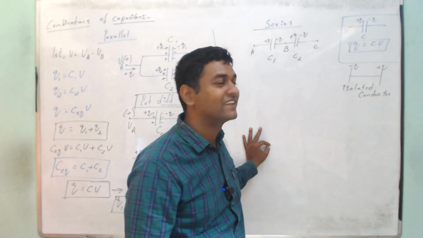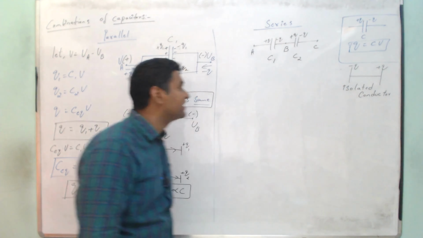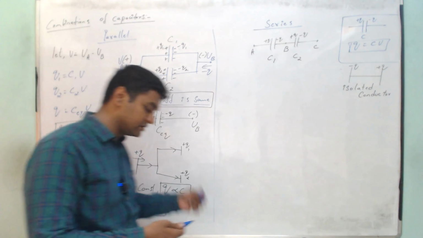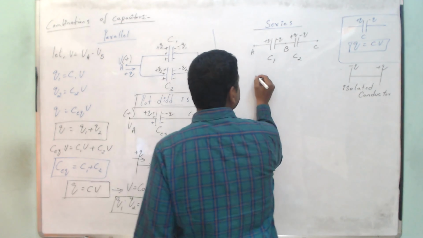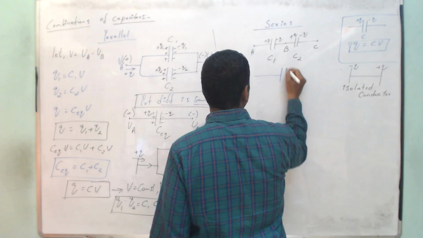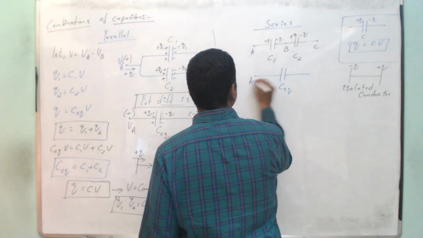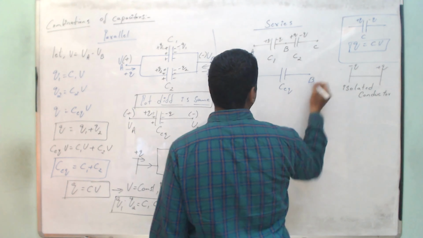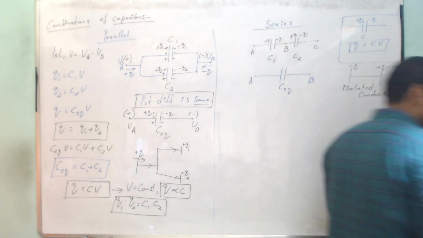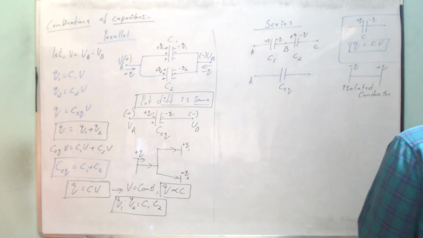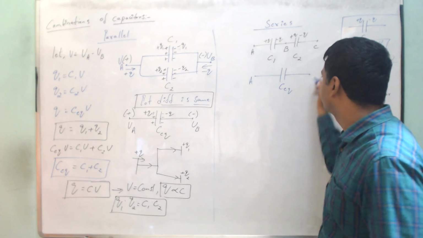Okay? Yes, sir. Now, what is my agenda over here? My agenda is basically, if I replace these two capacitors by one single capacitor, the entire story remains the same. That also means, again, you can say that the potential across should be A and C. That is also correct.